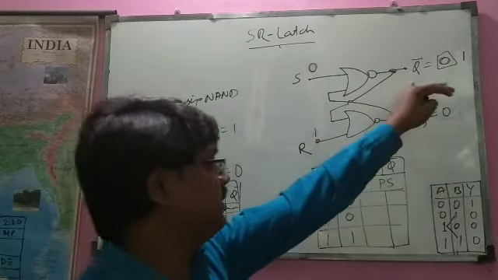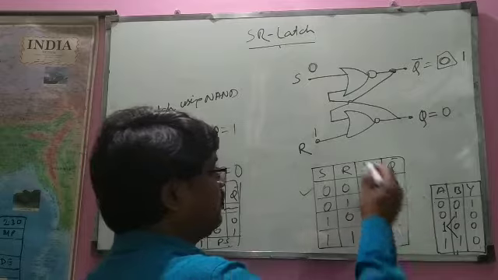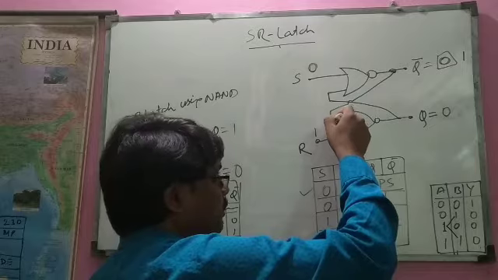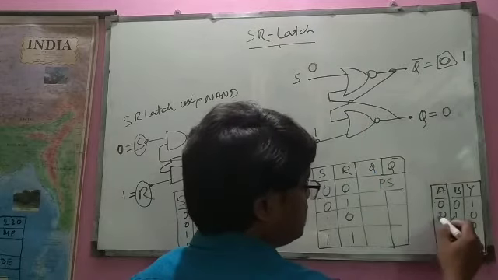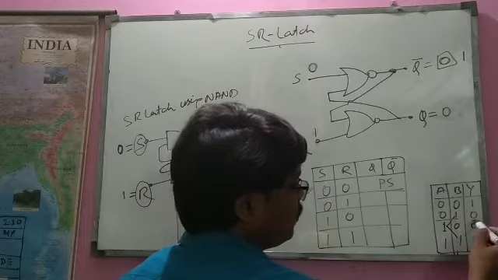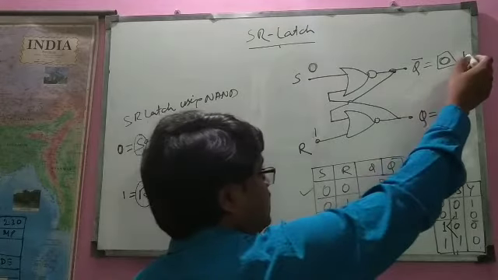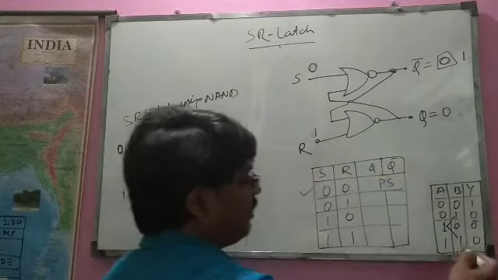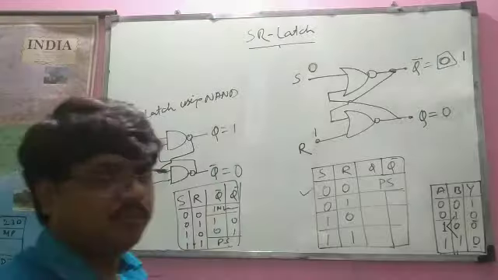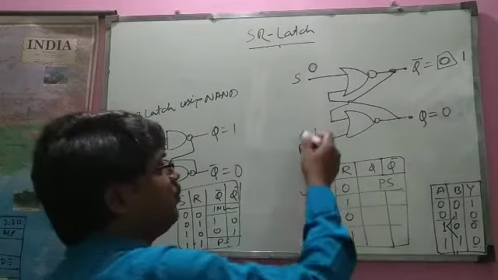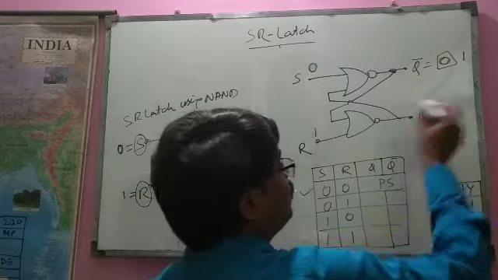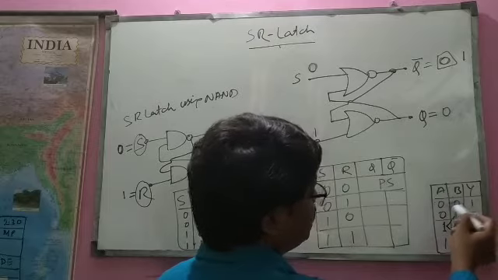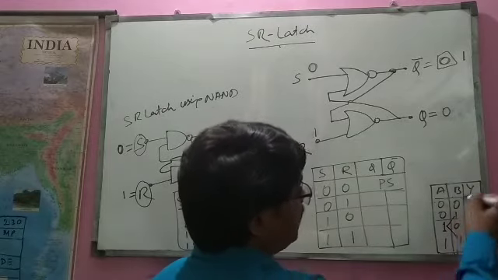There are two possibilities, it will be either 0 or 1. If it is 0, it will be 0 1, so the output is 0. Another case may be that it is in the one state, so 1 will come here, and 1 1, again 0. No problem. If one input is 1, it will go to the 0 state. If both the inputs of this NOR are 0, it will go to 1.